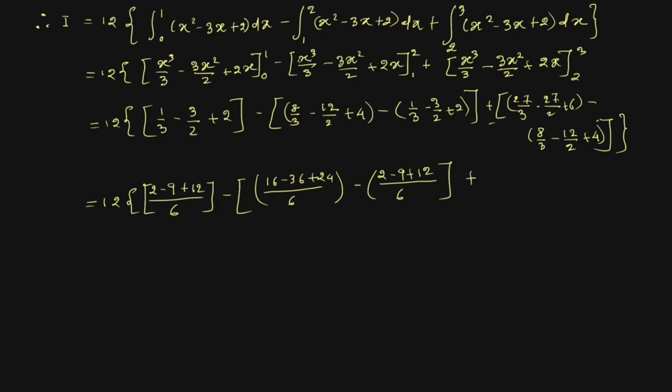So again here LCM is 6, then we will get 54 minus 81 plus 36, then minus, LCM is 6, then we will get 16 minus 36 plus 24.